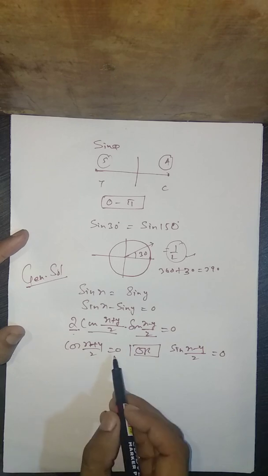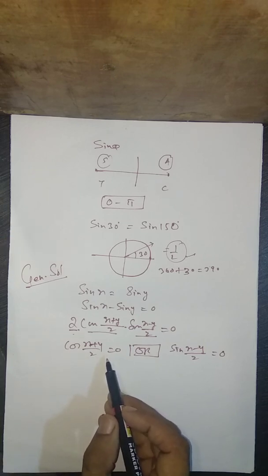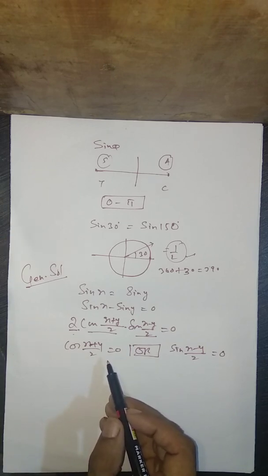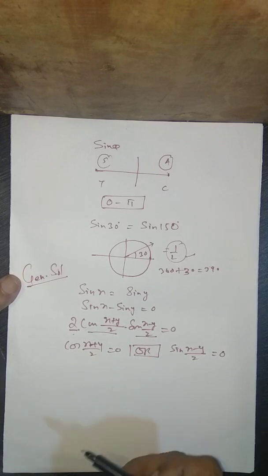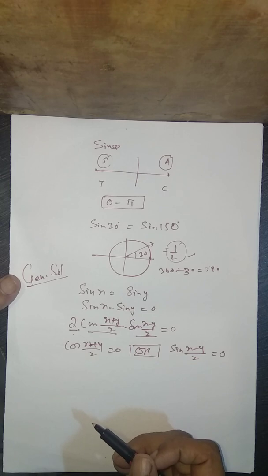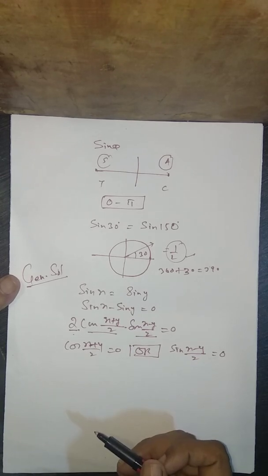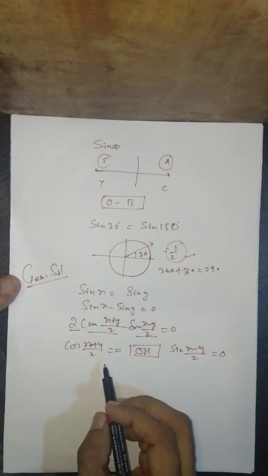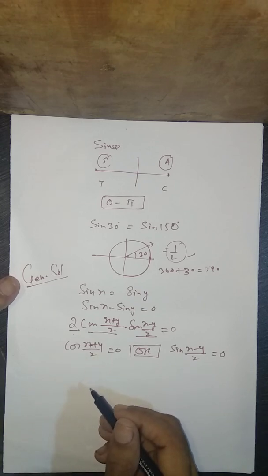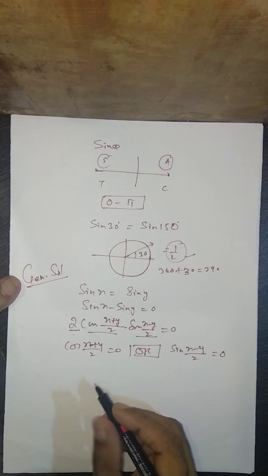We know cos theta is 0 only at the odd multiples of pi by 2, that is 90 degree.